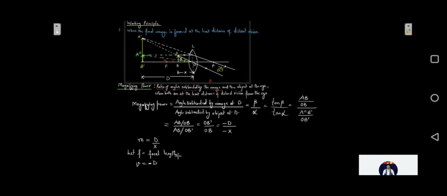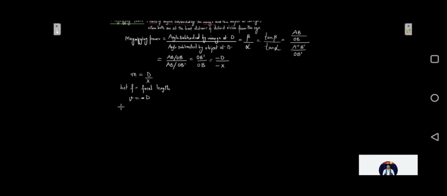So if we use the thin lens formula, we know 1 upon V minus 1 upon U is equal to 1 upon F.